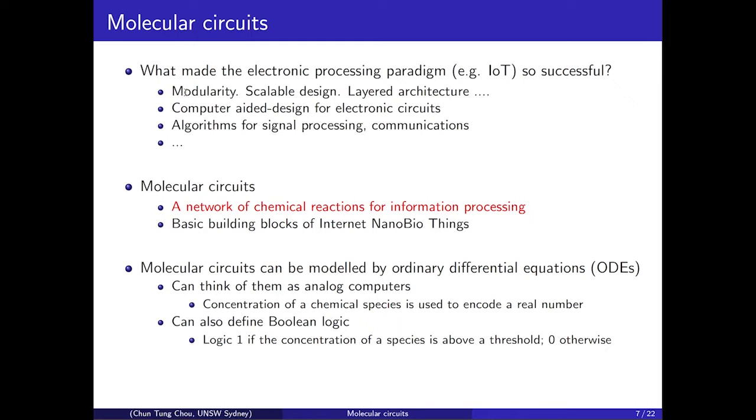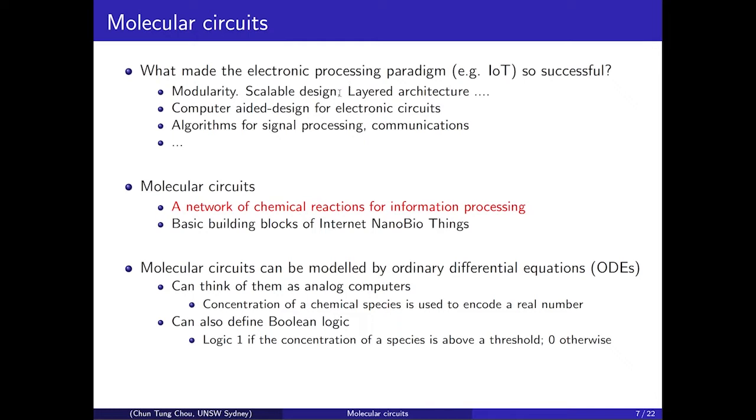In particular, electronic circuits are one of the fundamental building blocks of the electronic processing paradigm. Our ability to design these electronic circuits automatically has given rise to computers, smartphones, and the Internet, and so on. So electronic circuits play a very central role in the electronic processing paradigm.